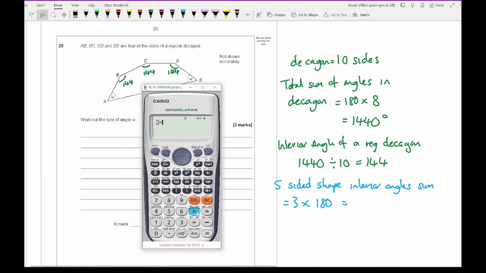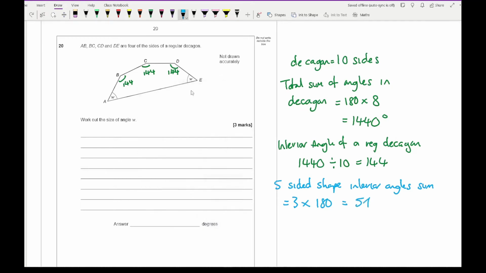But let me just double check. Yep, 540. So what I then know is that W plus 144 plus 144 plus 144 plus W adds up to 540. So then here I've got 2W plus 3 lots of 144.